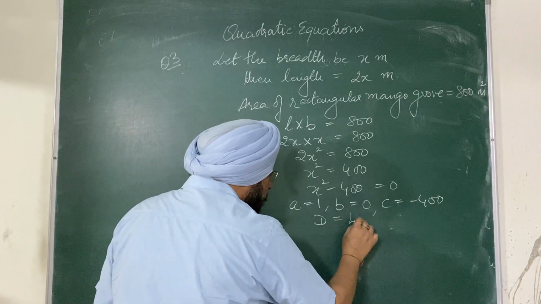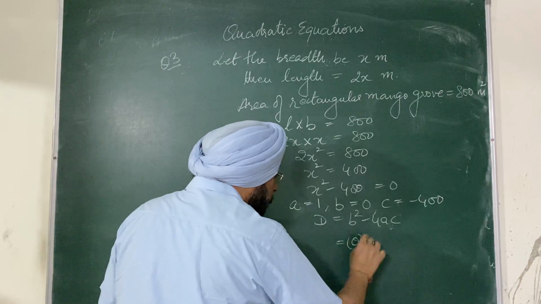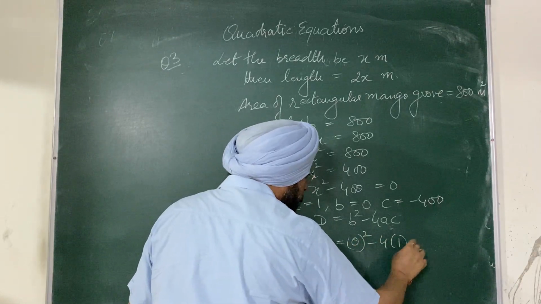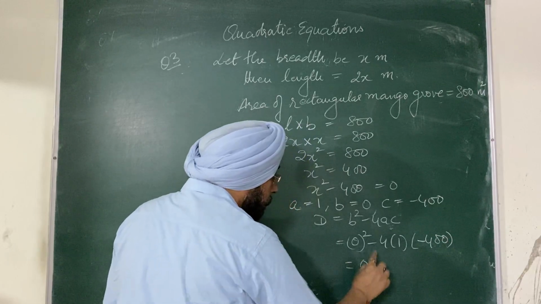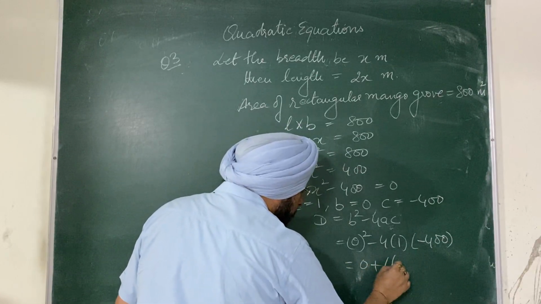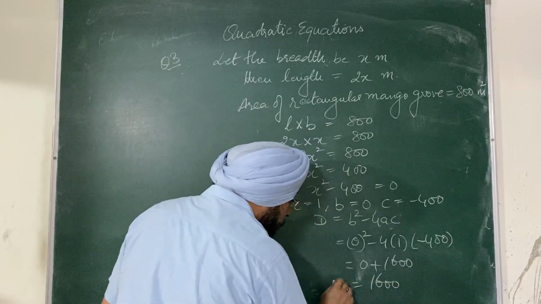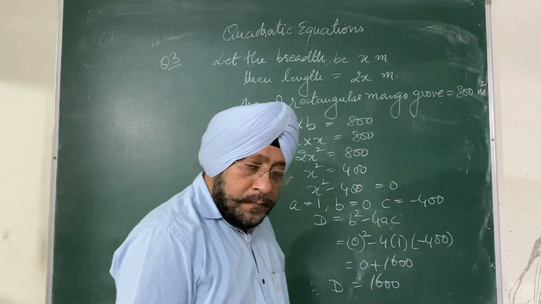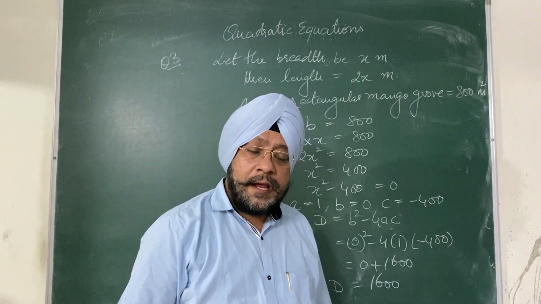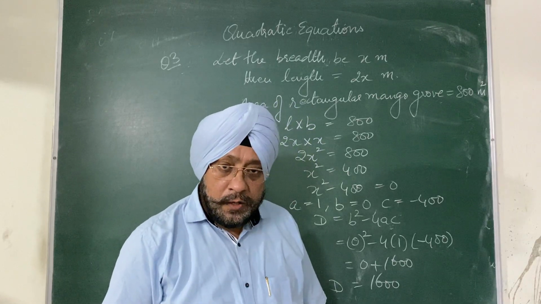Now D is equal to B square minus 4AC. Substitute the value. We get 0, minus minus is positive, and this is 1600. Or we get D equal to 1600. Since D is positive, it means the situation is possible. We can find the length and the breadth of the given rectangular grove.